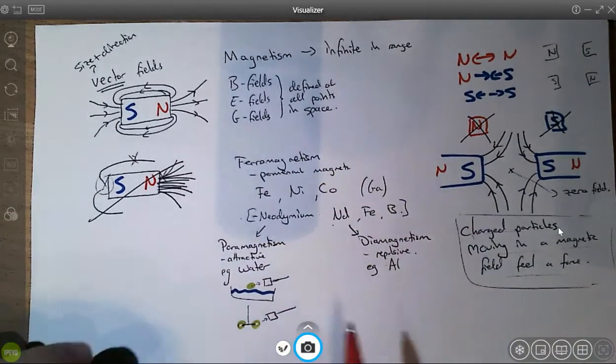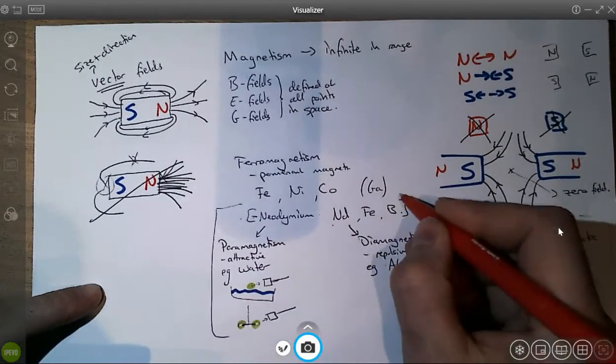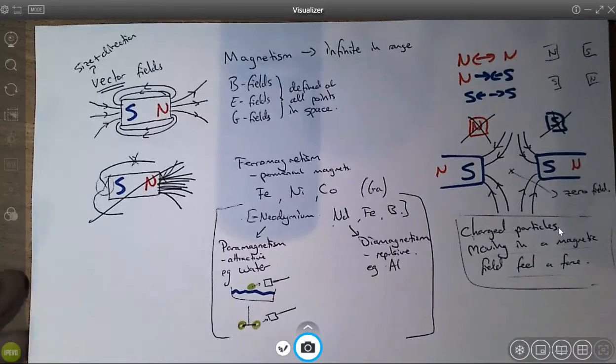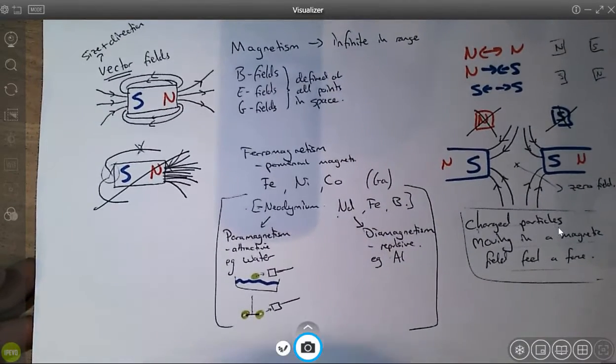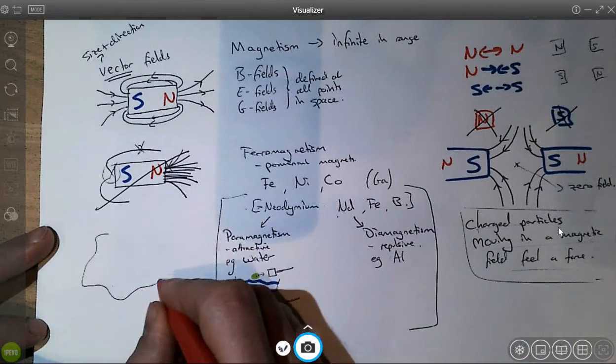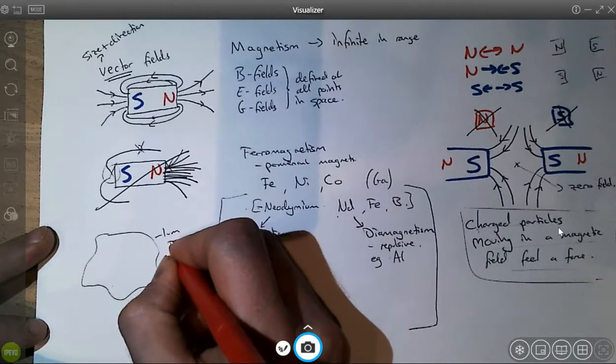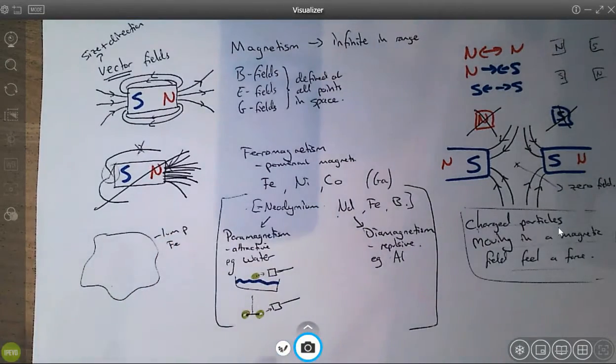Back to what we actually need to know for the GCSE syllabus, we need to have a little bit of understanding about what actually causes magnetism. So if we have some lump of ferromagnetic material, for example, a lump of iron, then why are things magnetic?